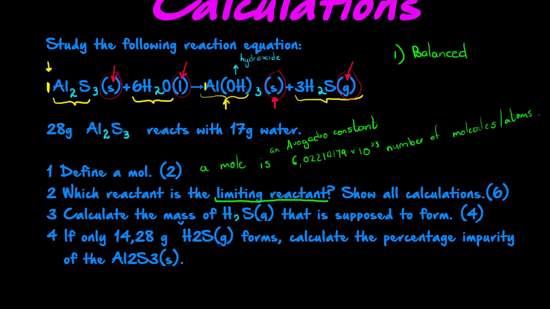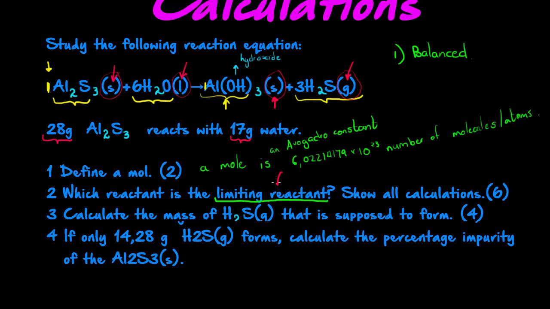And now the question is, which one will be used up first? If I have 28 grams of dialuminium trisulfide and I've got 17 grams of water, which one will be used up first? The 28 grams of dialuminium trisulfide and I'll have some water left, or will the water be used up and I'll have some dialuminium trisulfide left?